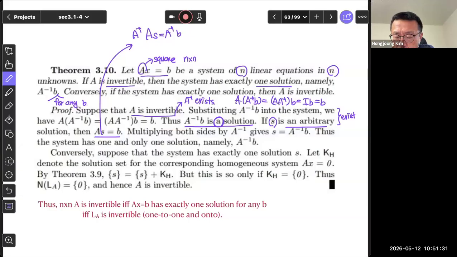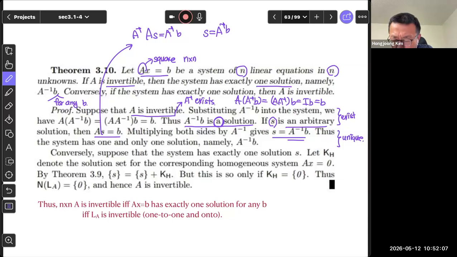From the left hand side, you get S. From the right hand side, you get A inverse B. What does that mean? If S is any solution, then S must be identical to the A inverse B solution. That means the solution will be unique. So for any B, we can find the solution, and the solution will be A inverse times B. That's the only solution you have.